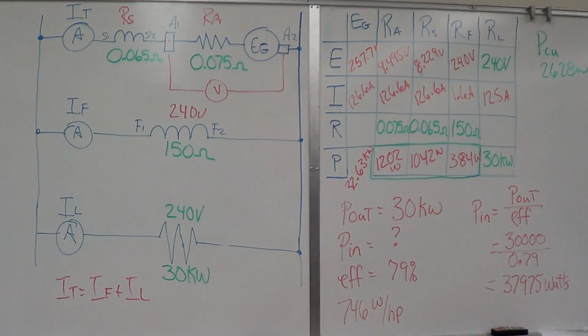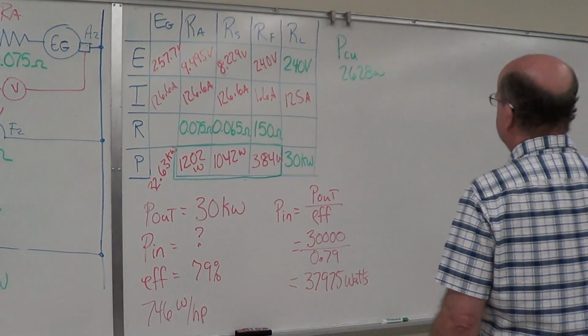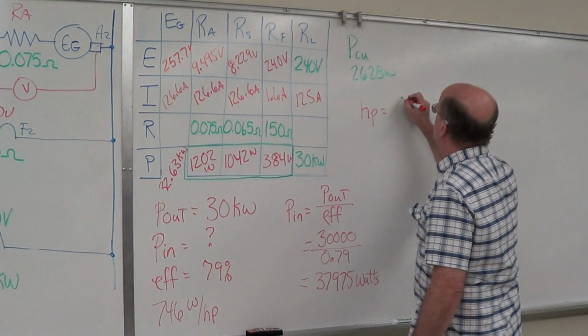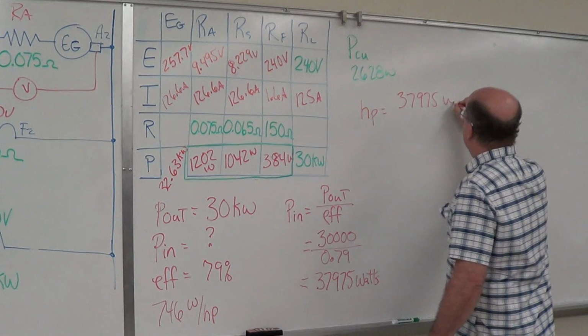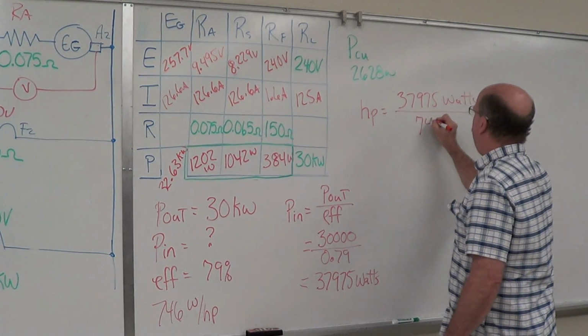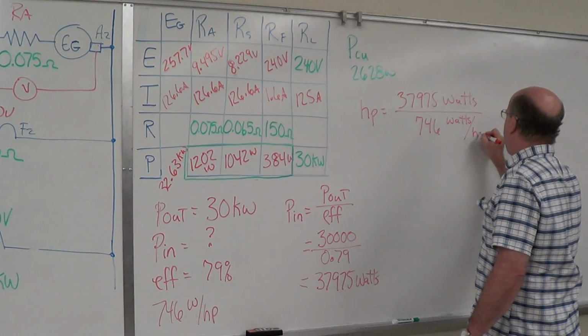The horsepower is going to be 37,975 watts divided by 746 watts per horsepower.